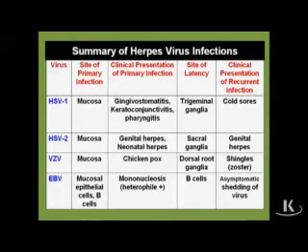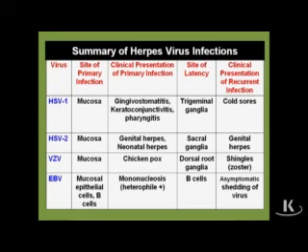The next couple of tables I'm going to show you are what we like to call the money table. This is invaluable for comparing the herpes viral infections. It tells you the site of the primary infection, the clinical presentation of the primary infection, where the site of latency is, if we know it, and what it looks like when it recurs.